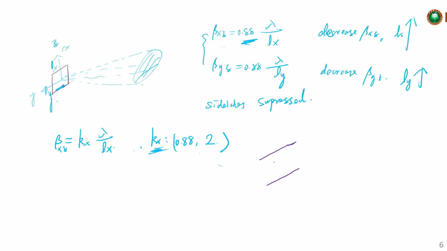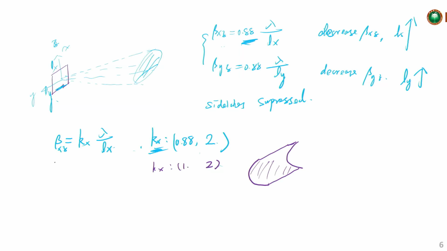If I want it not flat, but tapered, that means this kx is going to range from 1 to 2, and it is going to keep the beam width much wider than in the flat condition, in the x or theta plane.